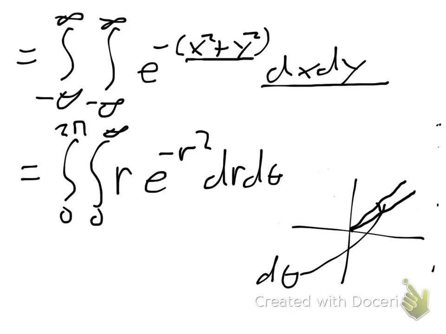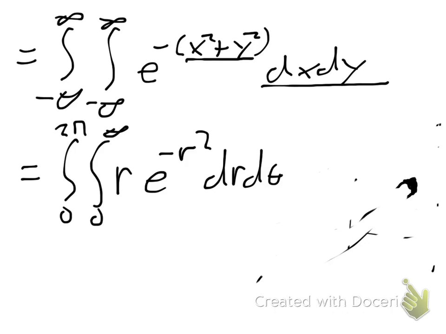That r d theta is going to give us this arc length, and then we do a little dr just to push it out a little bit, and you see that we have our differential area element in polar coordinates. But you can also get it from the Jacobian, and you can look up exactly how to do that.